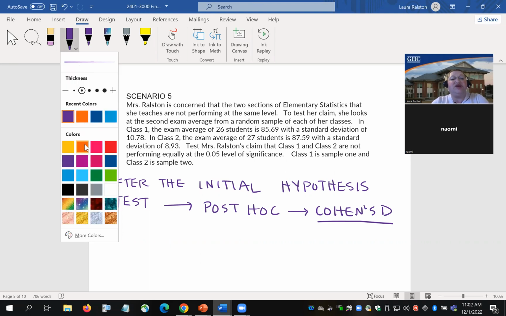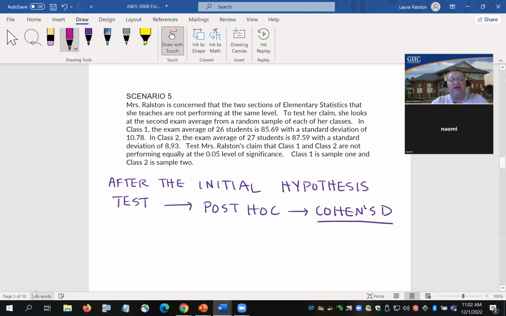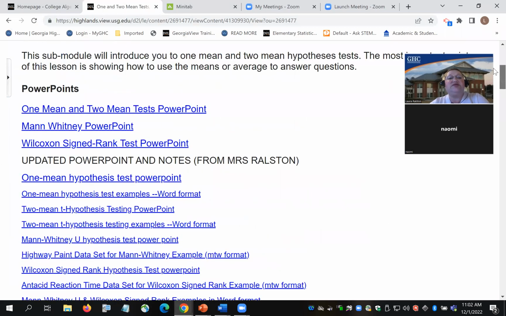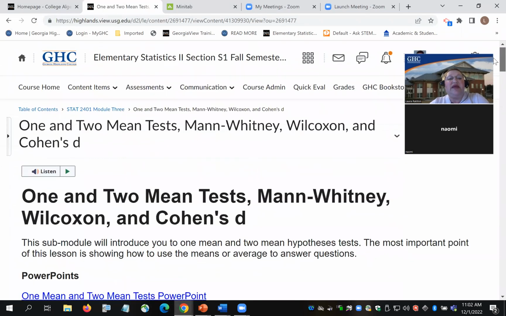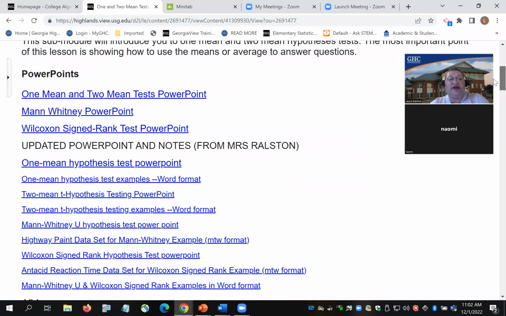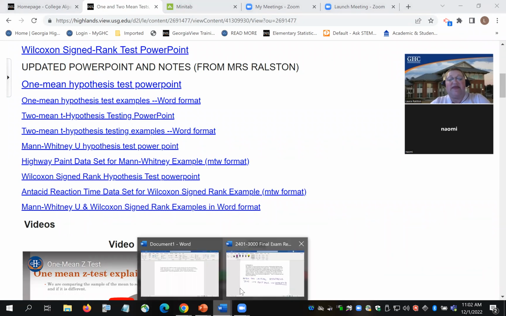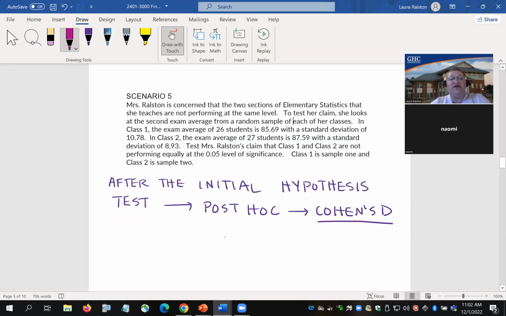And so I want to point out which one. Let me make sure I tell you the right module. So let me go back over here to the course. It is in module 3, and we want the two mean t-test hypothesis testing. Okay, so you may need to look at the PowerPoint.